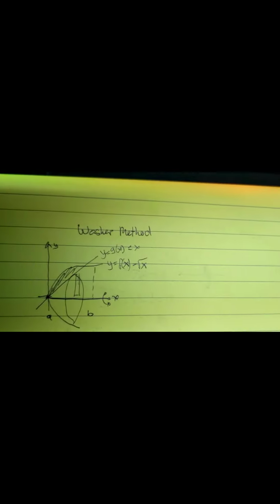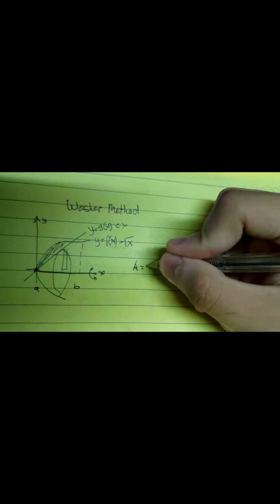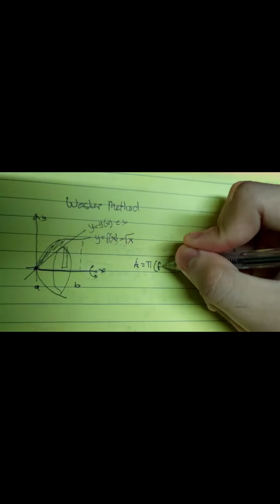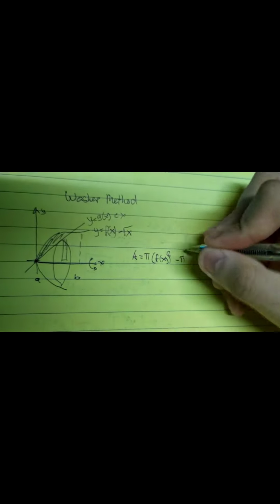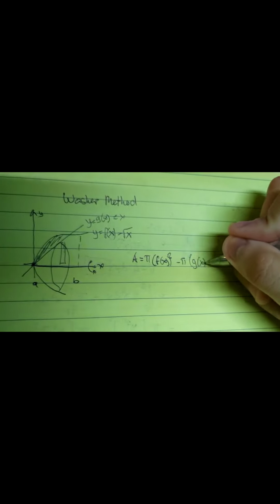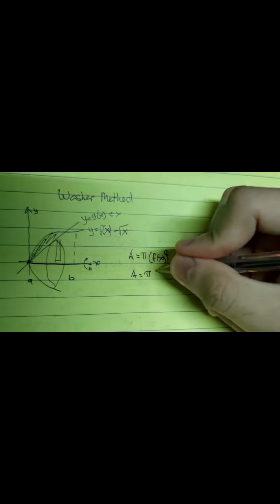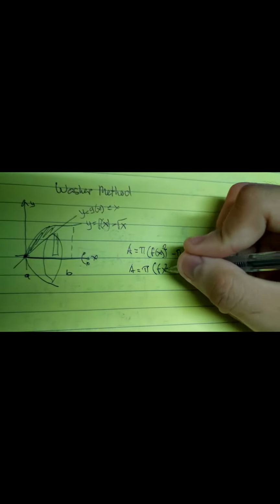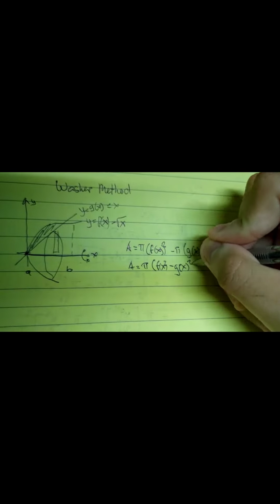Okay, so the formula for this: the area is pi f of x squared minus pi g of x squared, so area equals pi times f of x squared minus g of x squared.